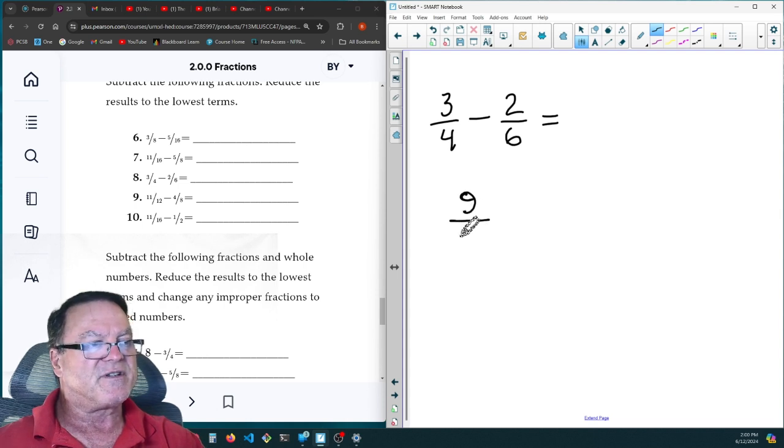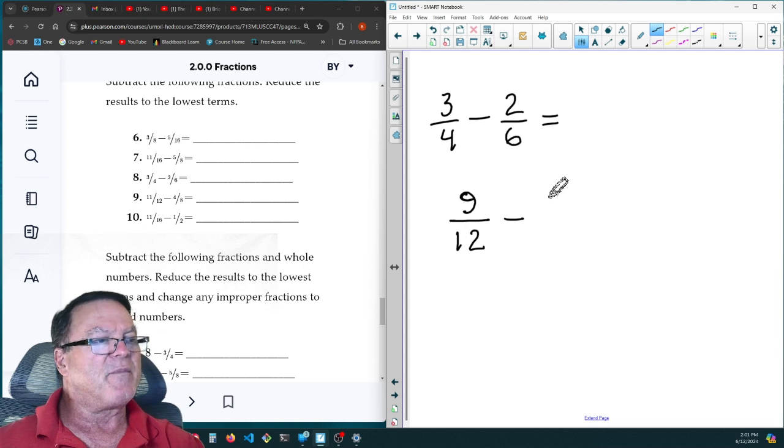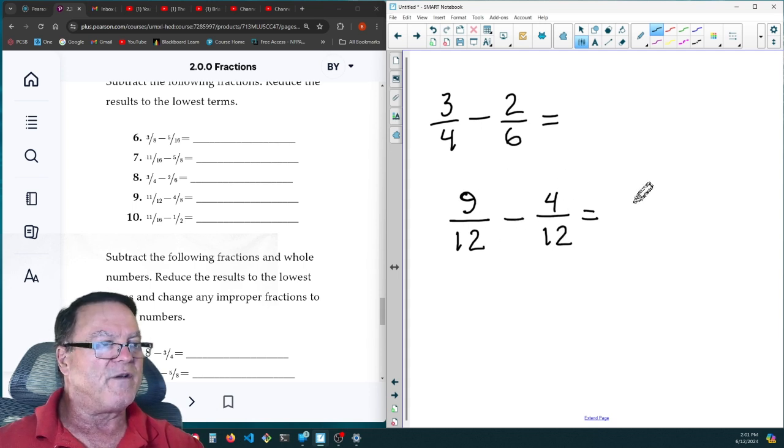I'm going to get 3 times 3 is 9, 3 times 4 is 12, minus, now 2/6 I'm going to multiply times 2 over 2. I'm going to get 2 times 2 is 4, and 2 times 6 is 12. So our original problem of 3/4 minus 2/6 becomes 9/12 minus 4/12, and it equals 5/12. Subtract the numerators, leave the denominators the same.